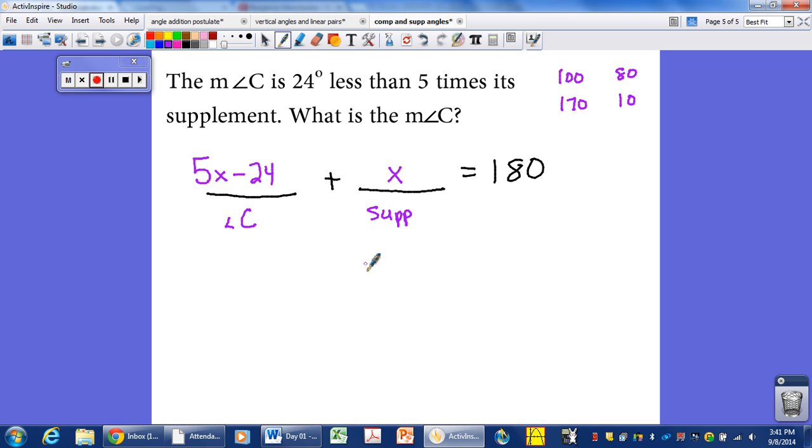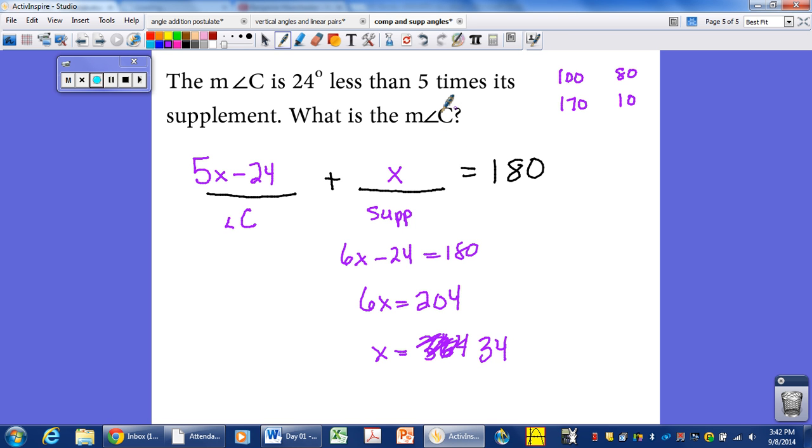So combining like terms, we're going to have 6x minus 24 equals 180. Adding 24 to both sides, 6x equals 204. Dividing both sides by 6, x equals 34. 6 goes into 20 3 times, the remainder of 2, 24, 4 times. x is 34.